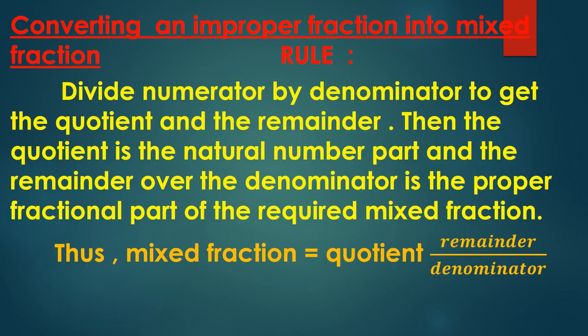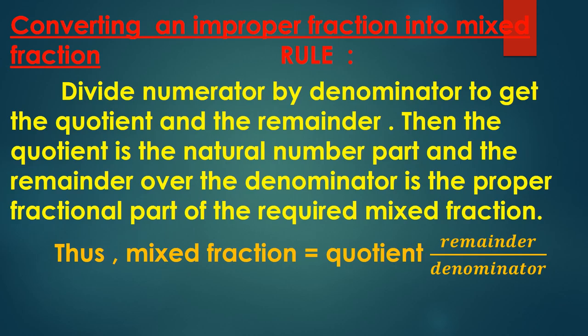Now see, converting an improper fraction into a mixed fraction. How will we convert an improper fraction into a mixed fraction? The rule for this is: divide numerator by denominator to get the quotient and the remainder. Simply you have to divide numerator by denominator, and when you divide you get one quotient and one remainder. Then the quotient is the natural number.